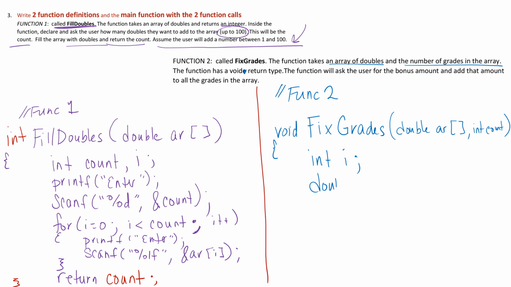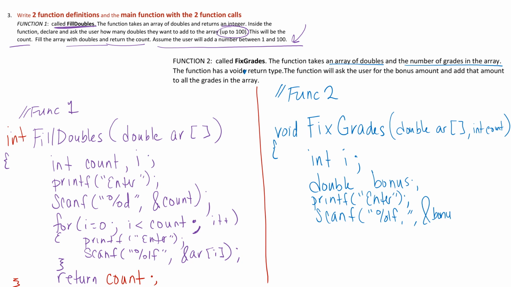We're going to need a double for the bonus. We're going to ask for the bonus amount. And we're going to scan in the bonus amount. And then we're going to go with our loop and add the bonus amount to each element in our array.